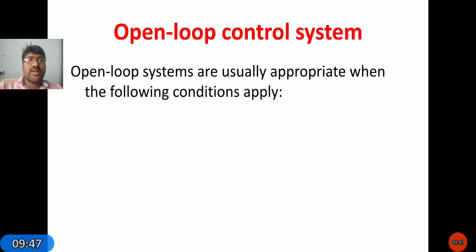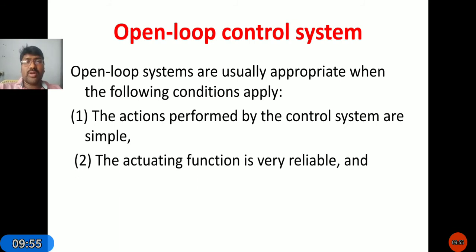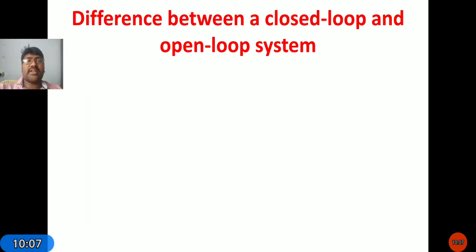Next, open loop systems are usually appropriate when the actions performed by the control system are simple, the actuating function is very reliable, and any reaction forces opposing the actuator are small enough to have no effect on the actuation. At that time, we need to use open loop control system.